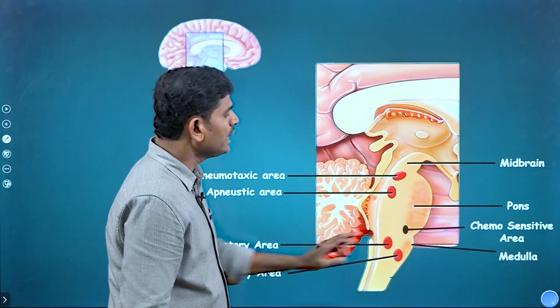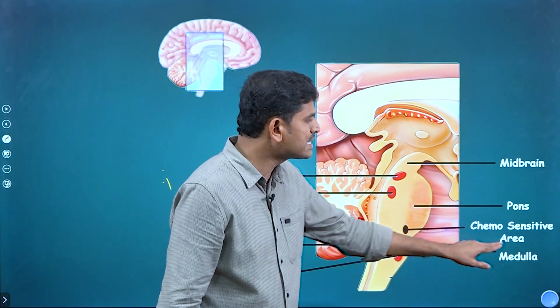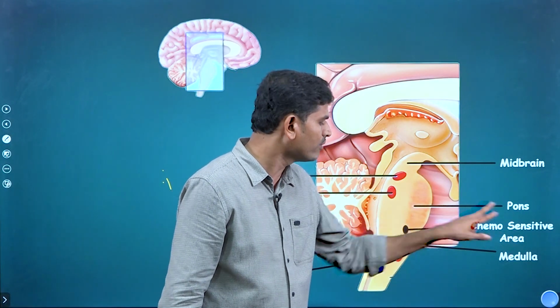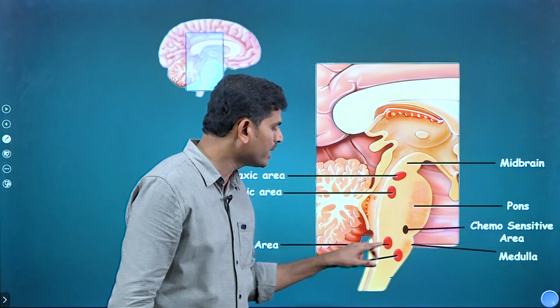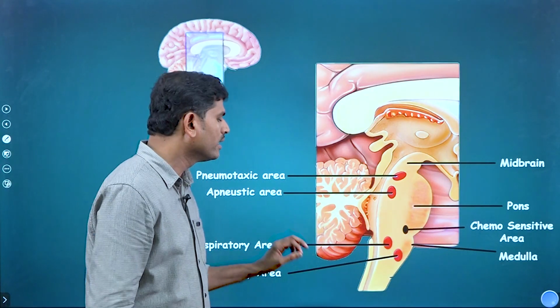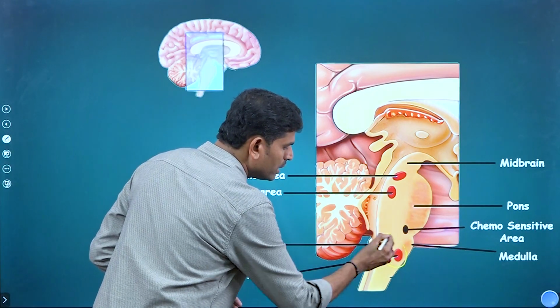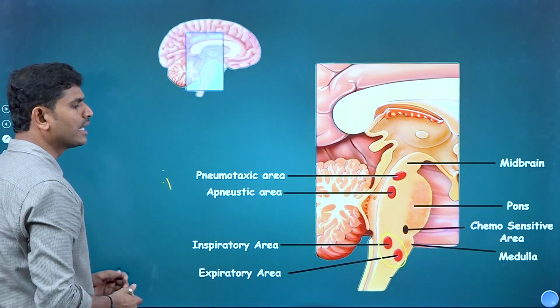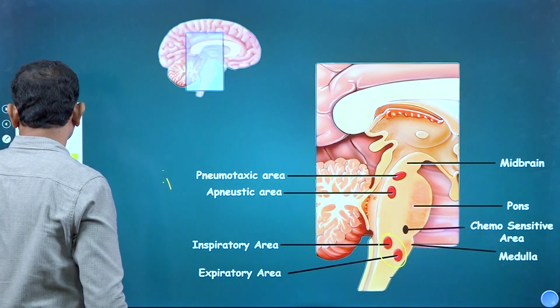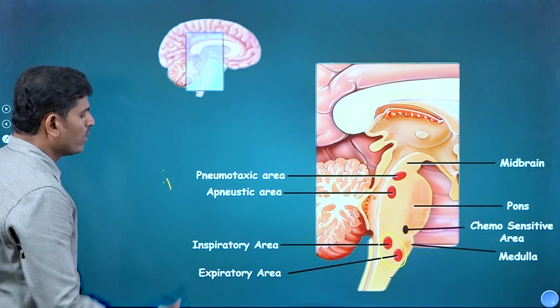Okay. So now इधर chemosensitive area. This is a central chemosensitive area, which is present in the medulla nearby the respiratory rhythmicity center. ये कहाँ है बोले तो, ये दोनों को मिलके respiratory rhythmicity center बोलते. Okay. Now we can see what they are doing.